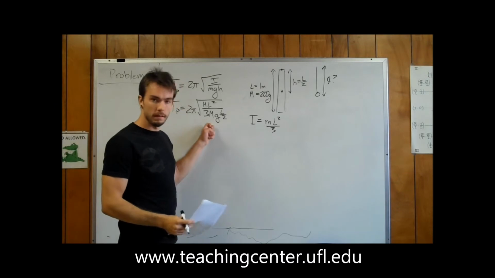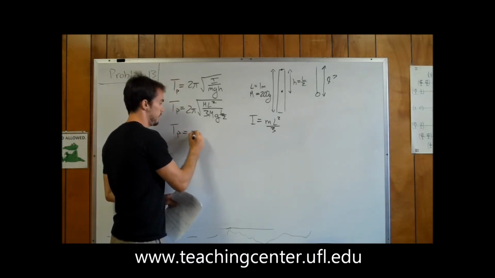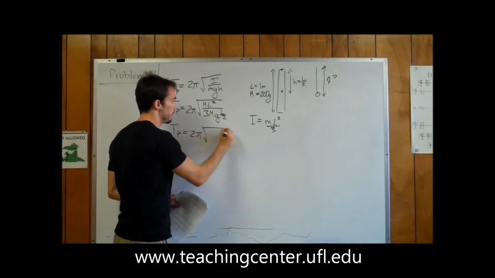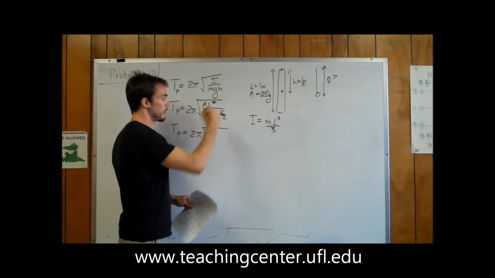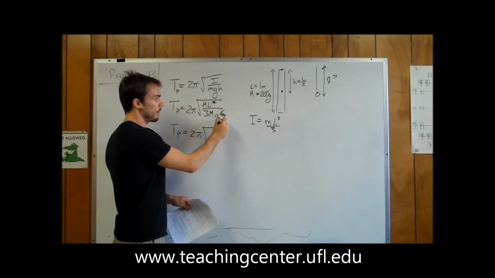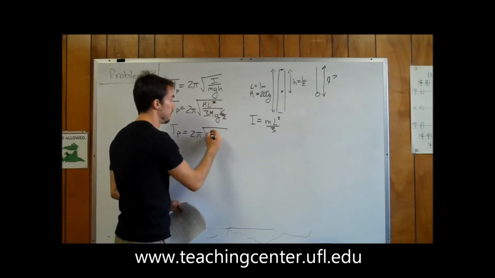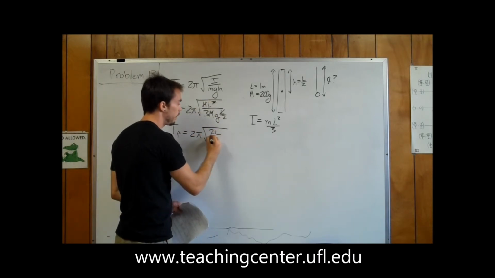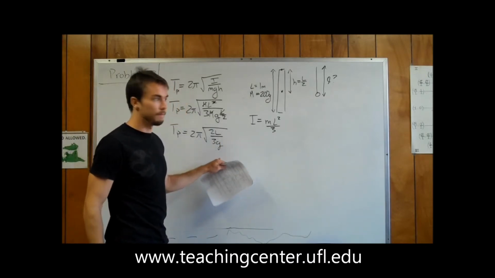Alright, so making this look a little bit nicer, we can rewrite this as 2 pi square root. This L cancels the square on that L. The m's end up canceling out. Our 2 is in the denominator of a fraction in the denominator, so that moves up to the numerator. And we end up with 2L over 3g, where g is the gravitational constant.